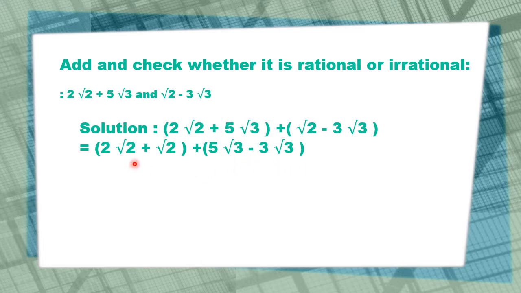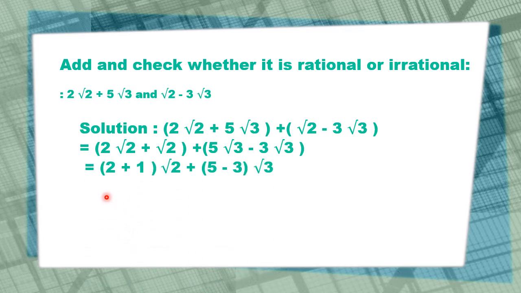Which are the common numbers? Root 2. So we have made a group of numbers which are having root 2, and we have made the second group which are having root 3. What is our ultimate aim? The ultimate aim will be to take root 2 common from this group and to take root 3 common from this group.